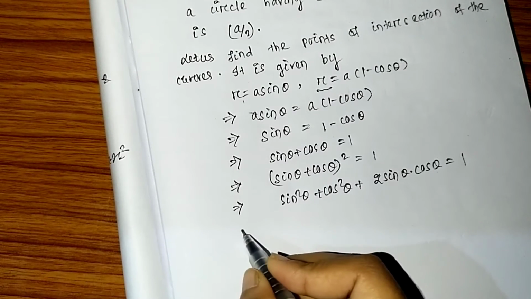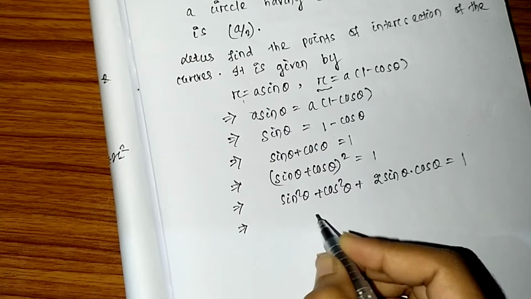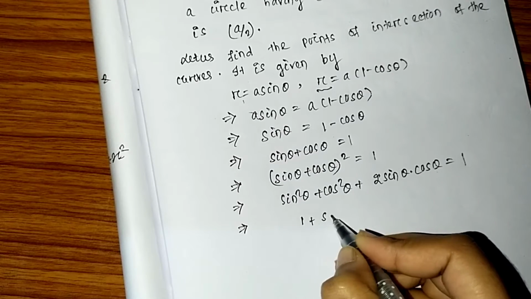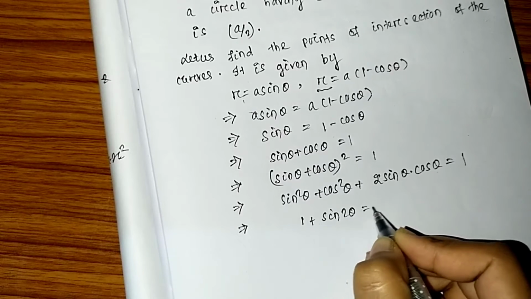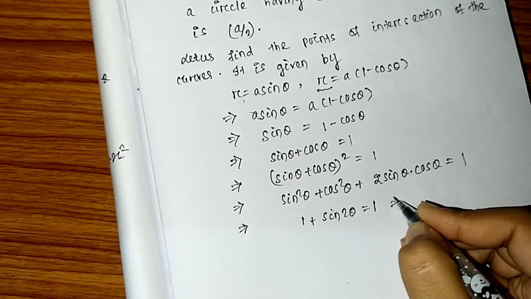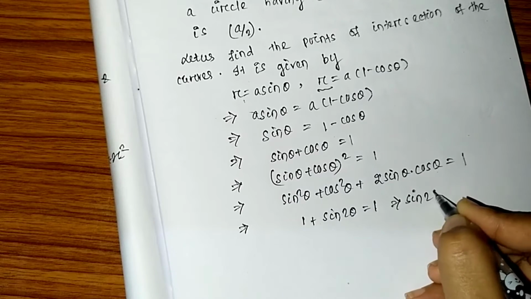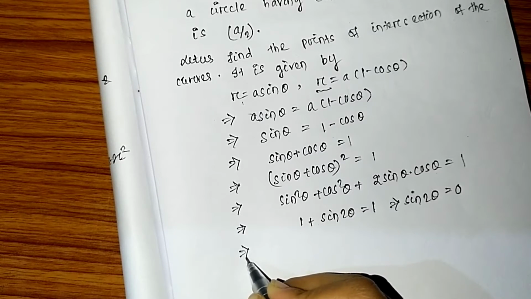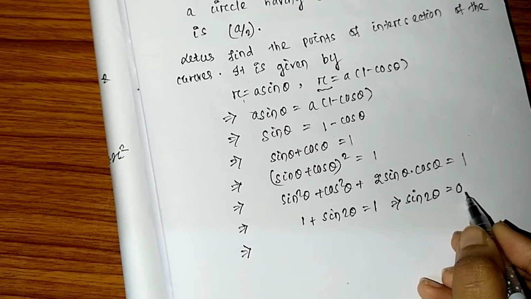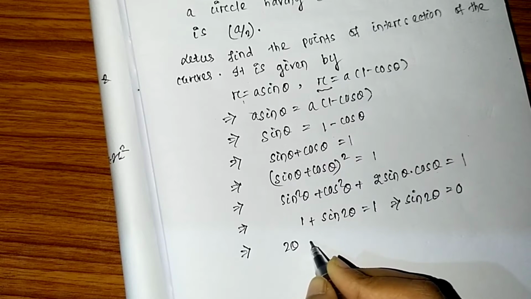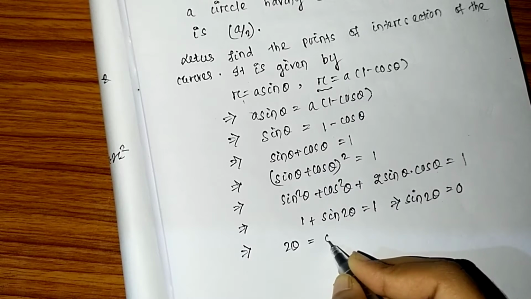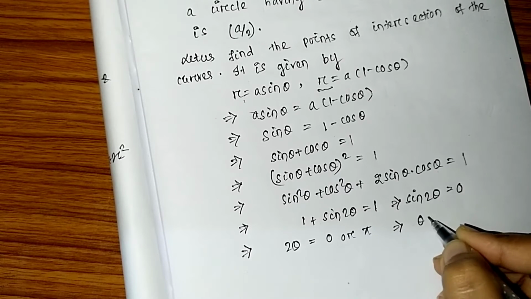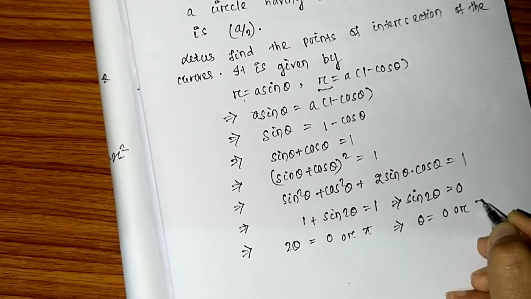Then sin square theta plus cos square theta is 1, plus 2 sin theta cos theta, which is sin 2 theta, equal to 1. So sin 2 theta equal to 0, then 2 theta equal to 0 or pi. So theta equal to 0 or pi by 2.